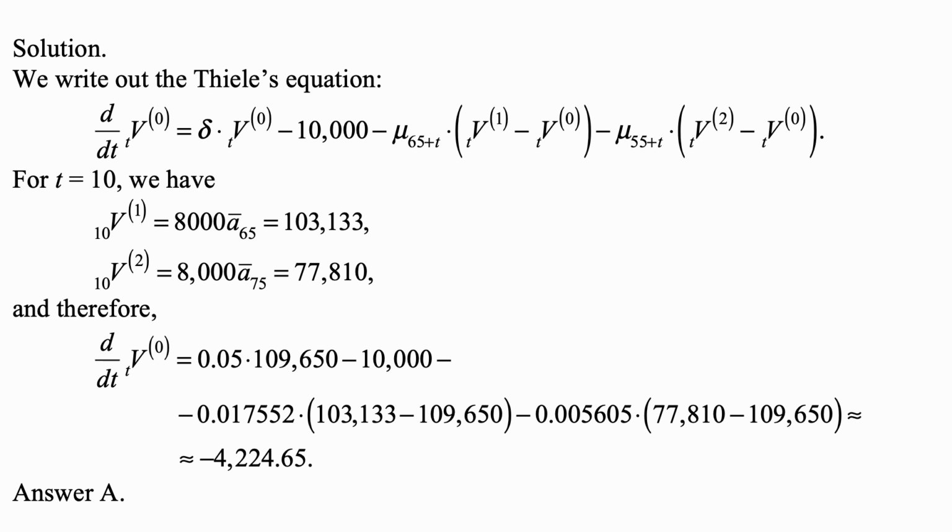So we write out Thiele's differential equation for this situation. The derivative of that reserve for the situation when both are alive, with respect to time t, is delta times that reserve. That's the reserve growing with interest, and the force of interest is delta, and this is a continuous reserve.